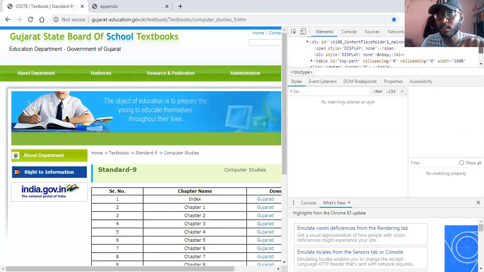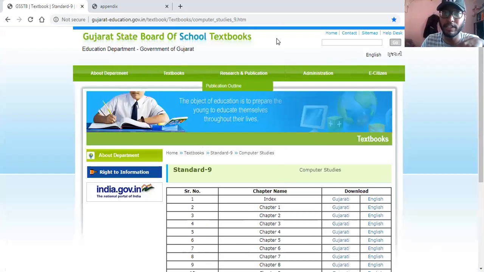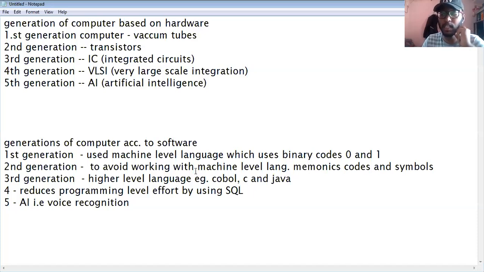You don't need to study such codes now; I'm just showing them. In your 10th standard, you will be studying HTML tags. This was used in third generation computers, known as higher level language. Examples of higher level language are COBOL, C, Java.